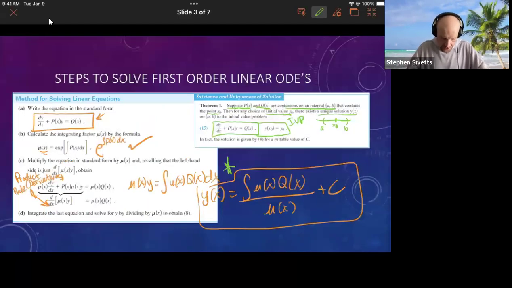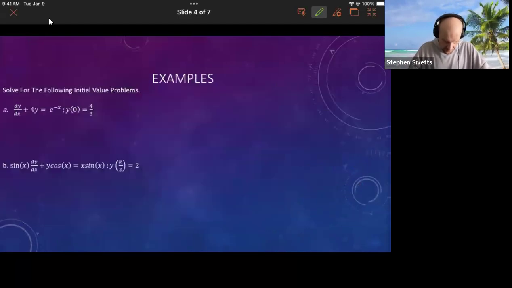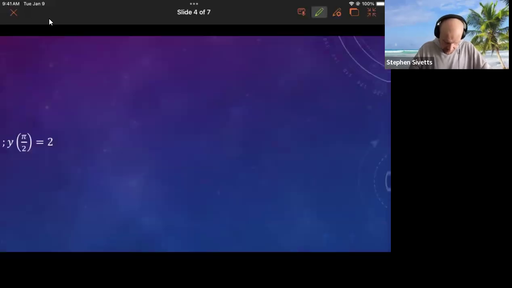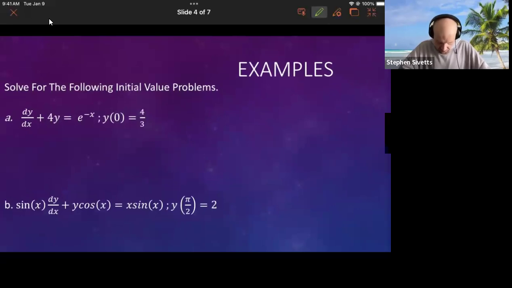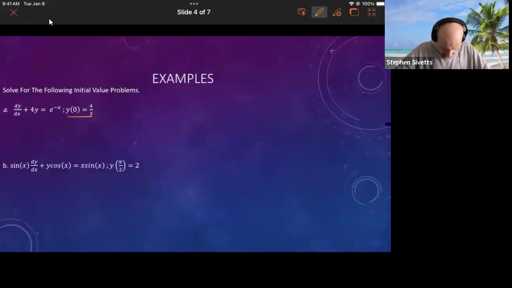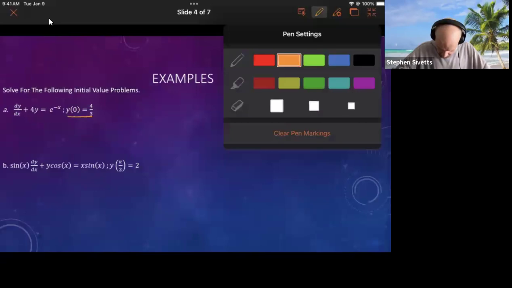Okay, so let's look at some examples. I want you to look at these following examples. These are initial value problems. I want you to solve the following. In part A, we have dy dx plus 4y equals e to the minus x, with an initial condition that when x is 0, y is 4/3.